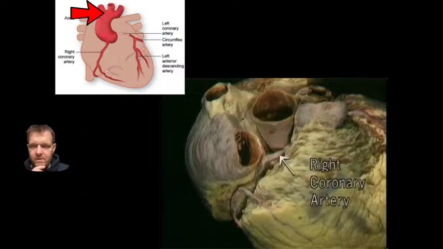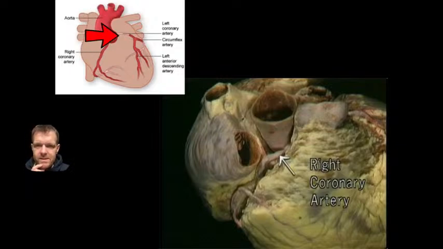So let's have a look at this picture here. So there's the aorta. There's openings left and right on the aorta. You have a right coronary artery, one that feeds the right side of the heart, and then a left coronary artery, a circumflex artery, and then that goes down into the left anterior descending artery.